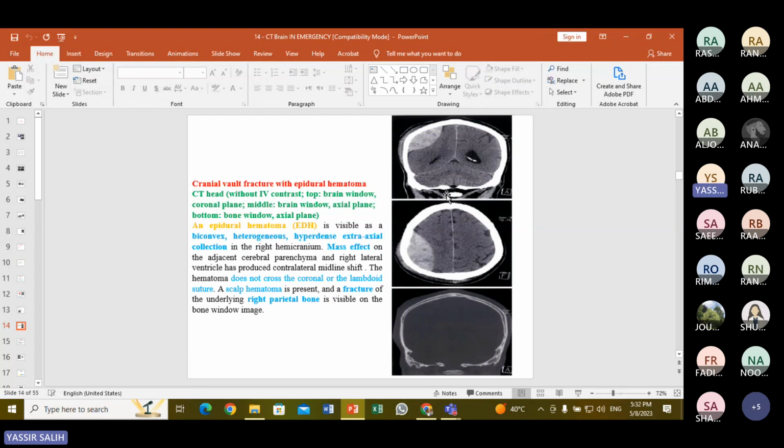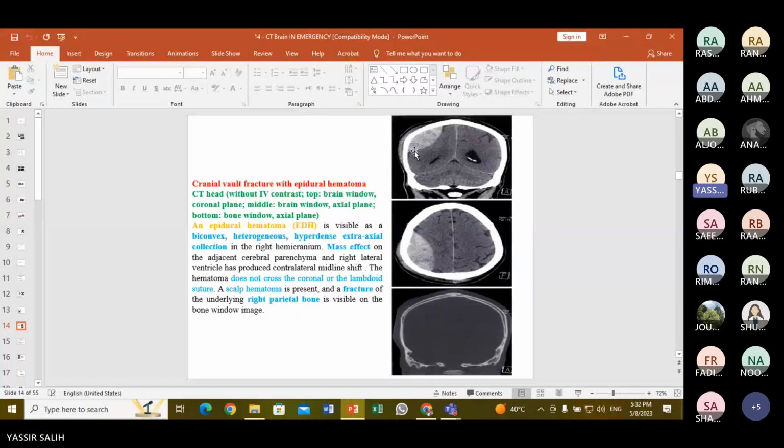You can see also the same features: biconvex. The inner margin is convex, so there are two convex margins, but we always focus on the inner margin, because the other line in contact with the skull is convex anyway.